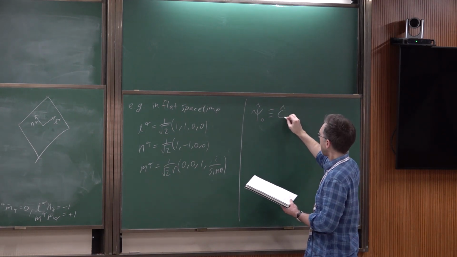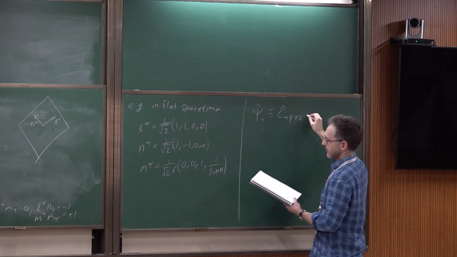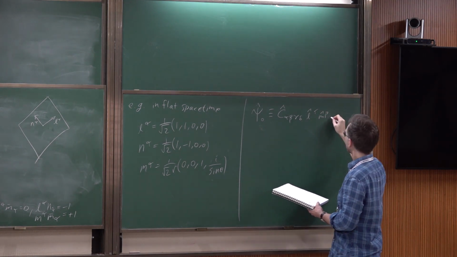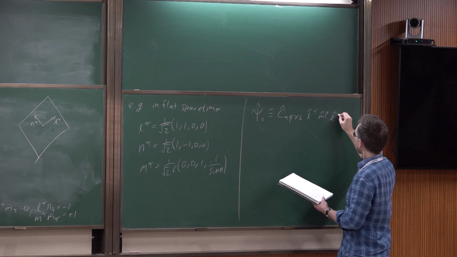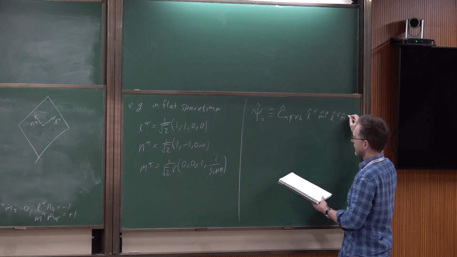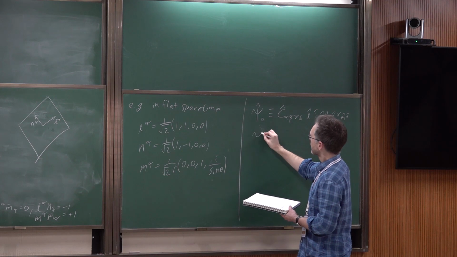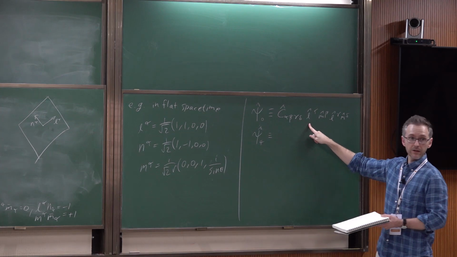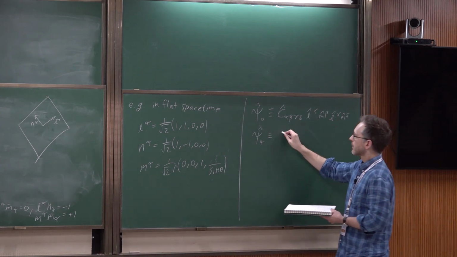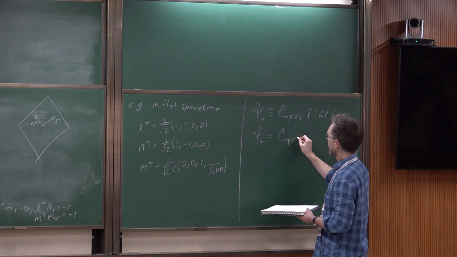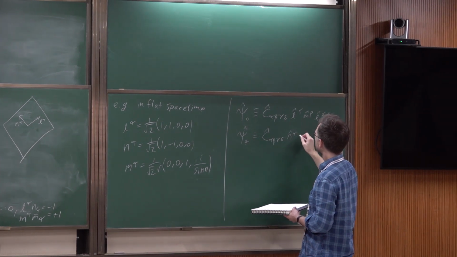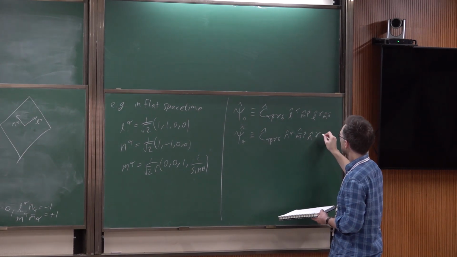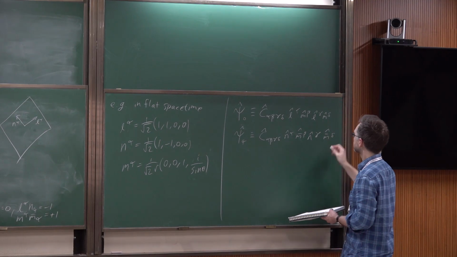Same thing here, C hat, and we've got L hat alpha, M hat beta, L hat gamma, M hat delta, and psi 4. We just change L to N and M to M bar. So C hat alpha beta gamma delta, N hat alpha, M bar hat beta, N hat gamma, M bar hat delta.